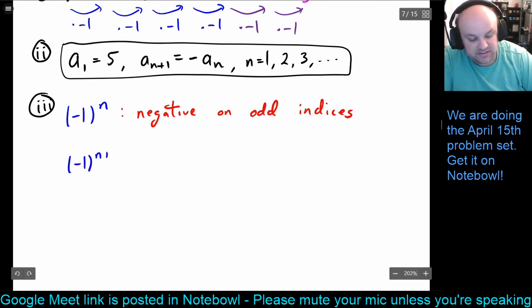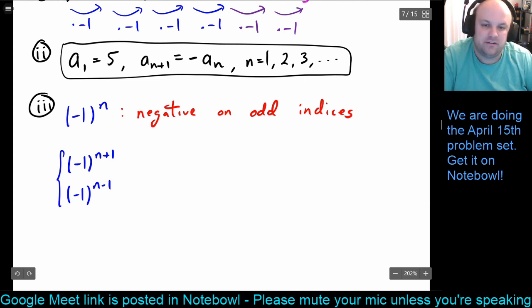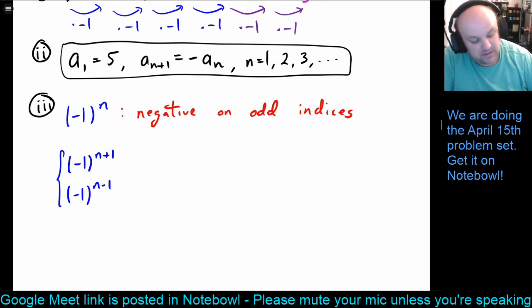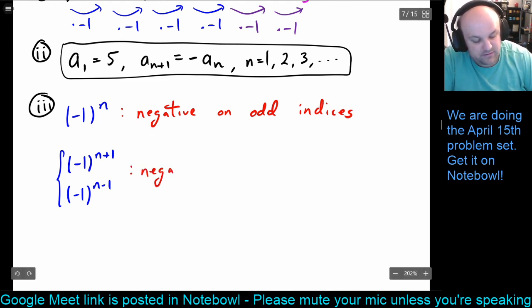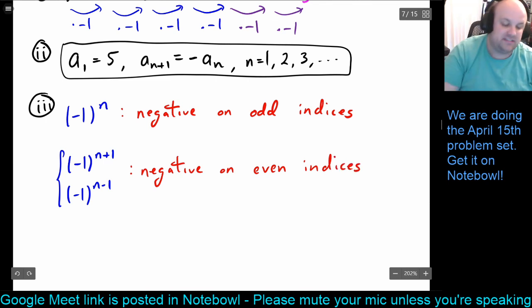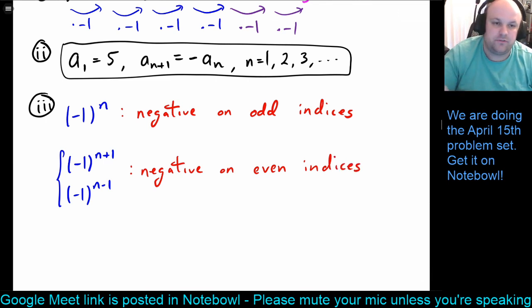You could use -1 to the n plus 1, or -1 to the n minus 1. Either of these would be perfectly fine. Right? These are both going to give you the same thing. So these are negative on even indices. Right? So again, when n is like 0, 2, 4, 6, 8, and so on. All right.